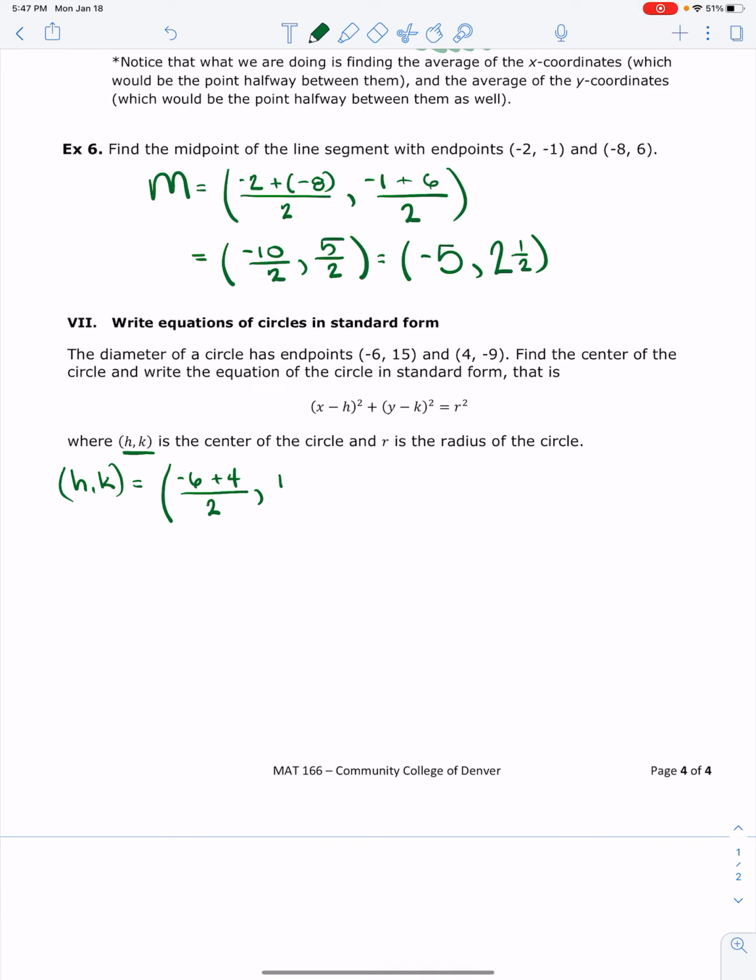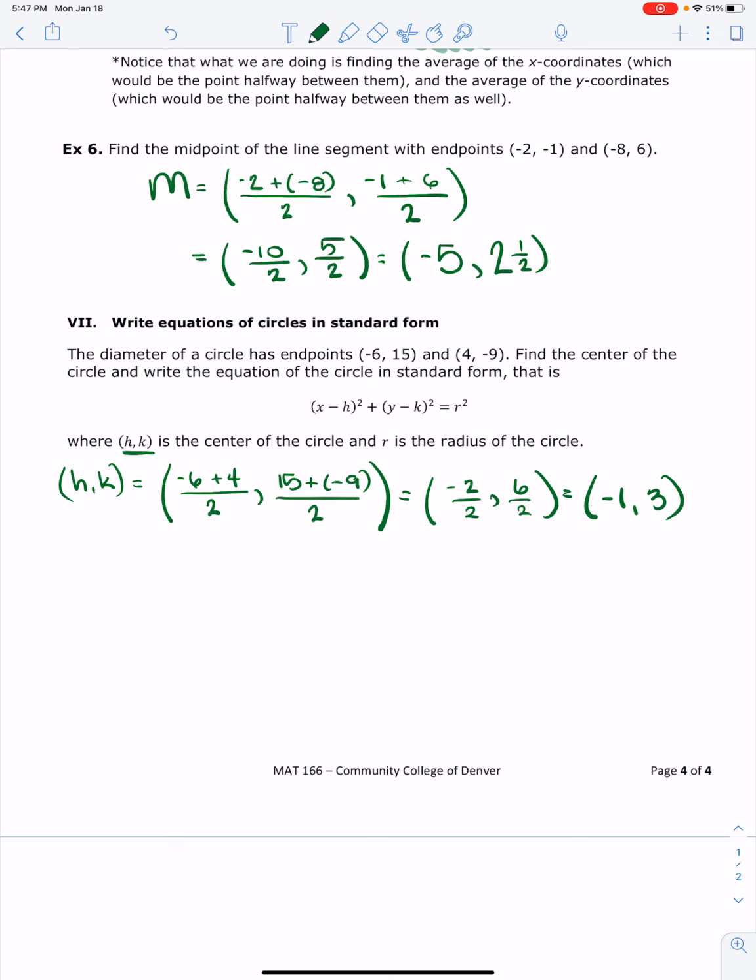And I've got my y, 15 plus -9. -6 plus 4, -2/2, 15 plus -9, 6/2. So I get a center at (-1, 3).